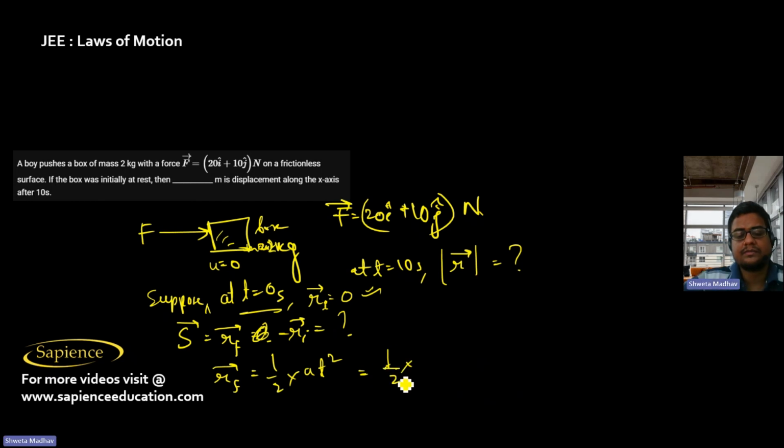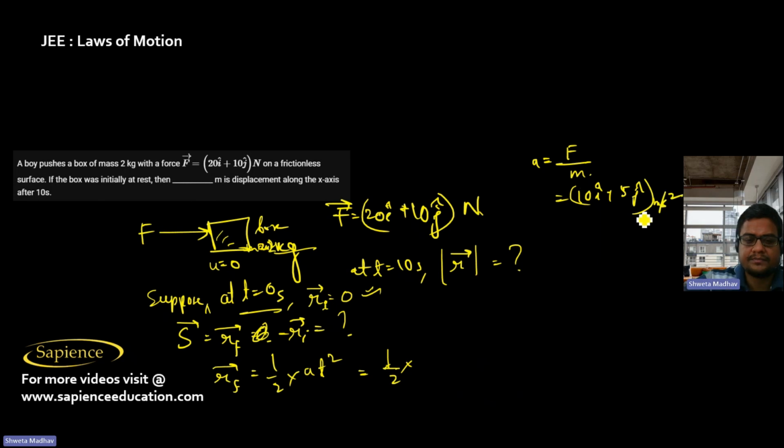So half into A, where A is force by mass. Mass is 2 kg. So therefore 20 by 2, that is 10 I cap, plus 10 by 2, that is 5 J cap.